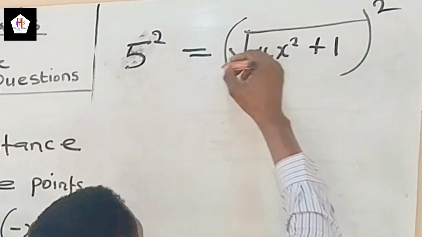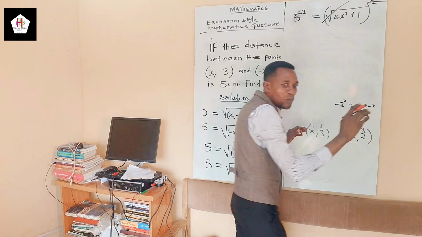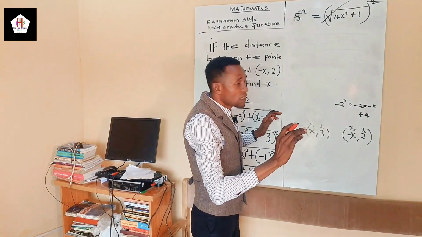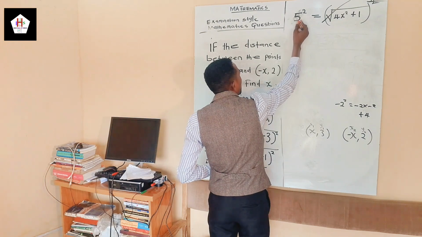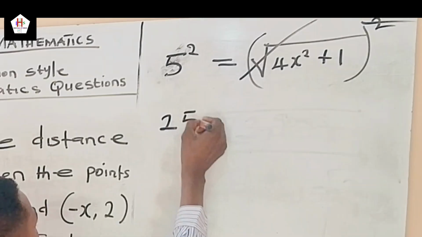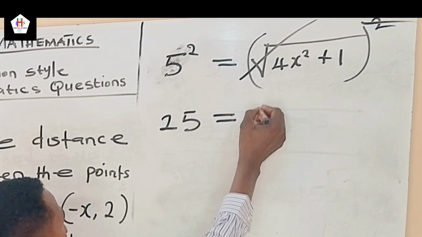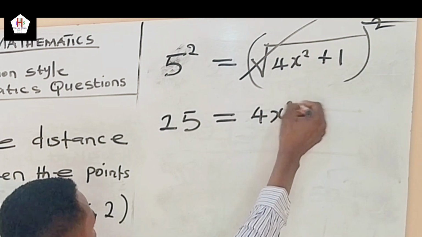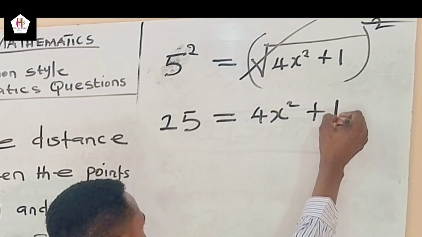So this and this will go. Now we have the square of 5 is 25, which is equal to 4x squared plus 1.